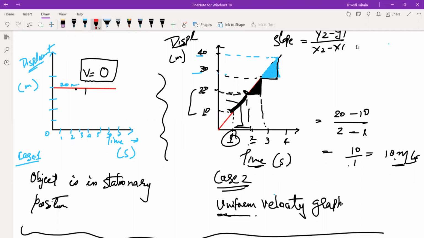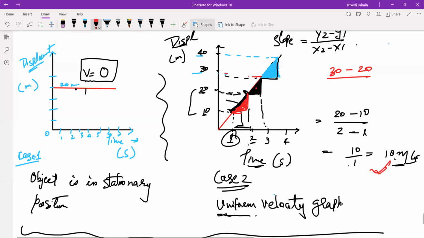So this line represents this value. Now in the same way, for this black one, if we calculate similarly, upper limit minus lower limit, that is 30 minus 10, which is 20. What's the value in the denominator? Time?